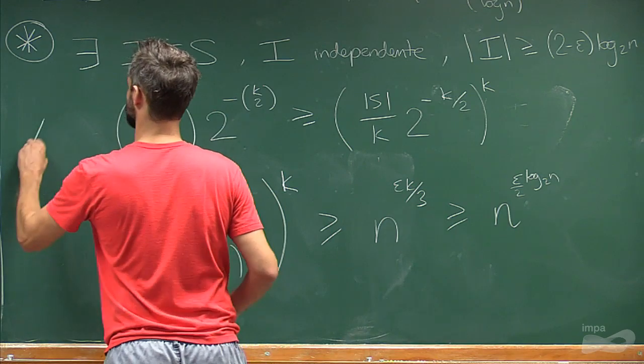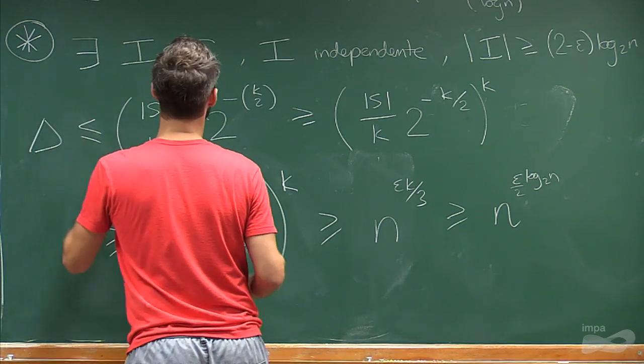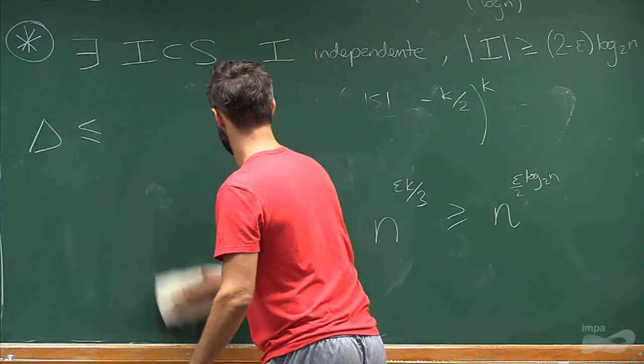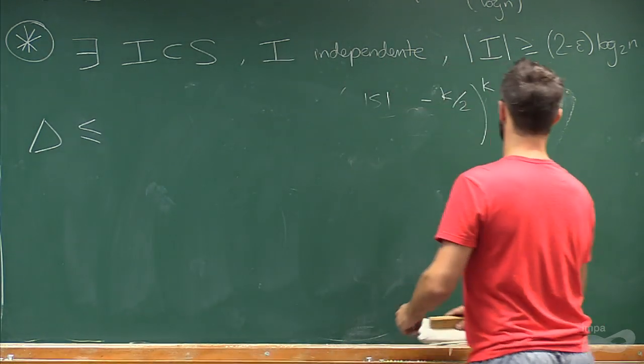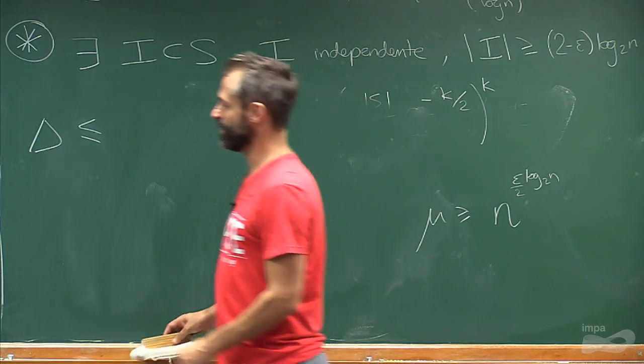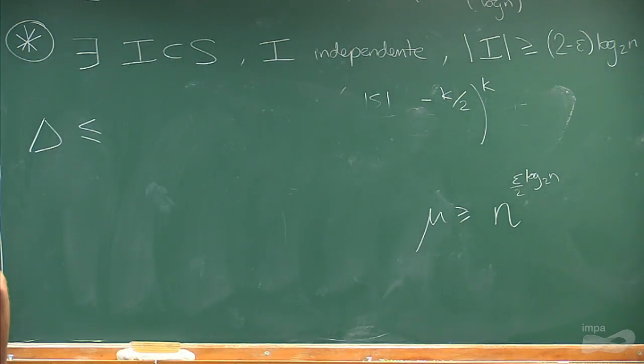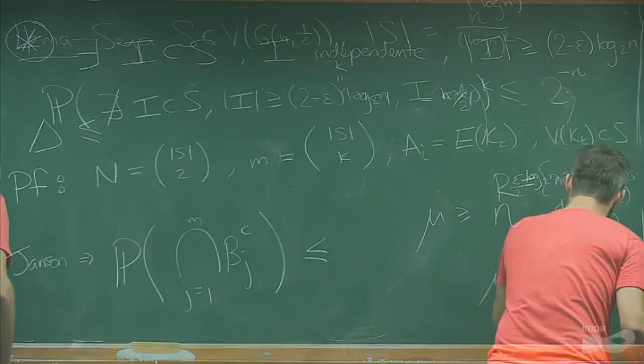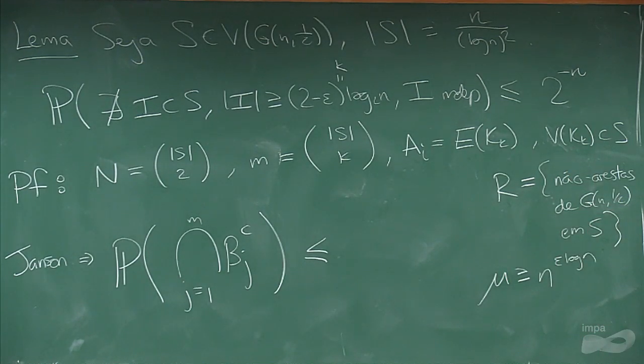Okay, delta is at most, so mu is at least this. I'll put it here. So mu is at least n to the epsilon, just say about epsilon log n. It's not going to matter too much. Delta is at most, what? You're looking at pairs of independent sets that intersect.